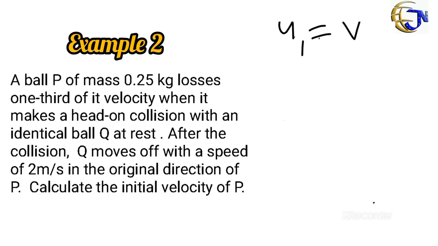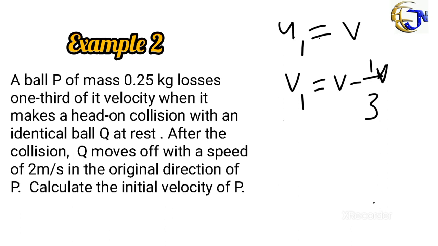It means that after collision, the V1 will be the initial one, which is V minus 1/3V. Why is it 1/3V? It is 1/3V because the body loses 1/3 of its velocity after collision.